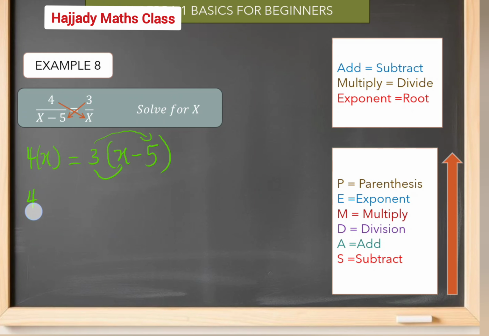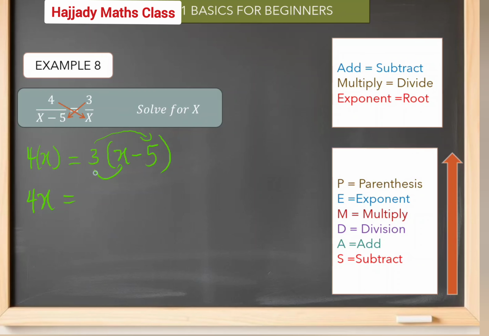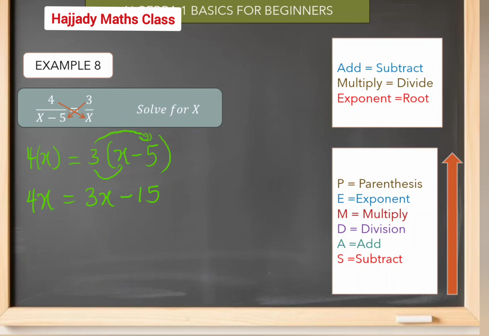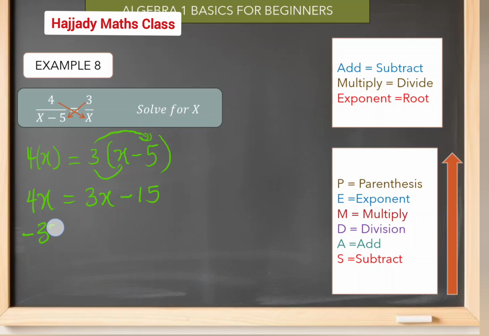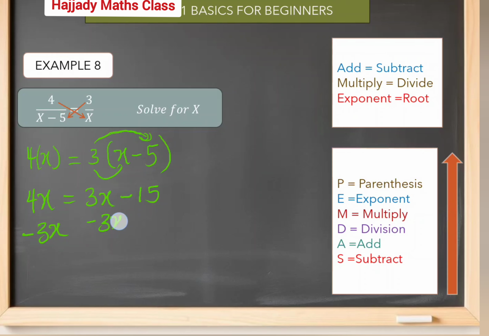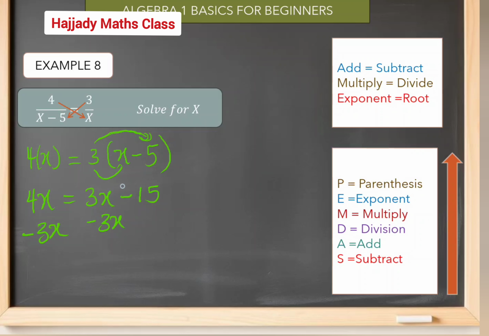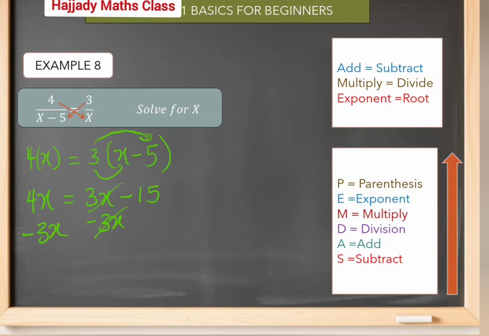So here we have 4x equals, if 3 multiplies x, we have 3x. If 3 multiplies negative 5, we have negative 15. Now to do this further, we need to make sure that we have the x on the left side. And to do that, we introduce negative 3x to both sides, so that we can eliminate x on the right side.